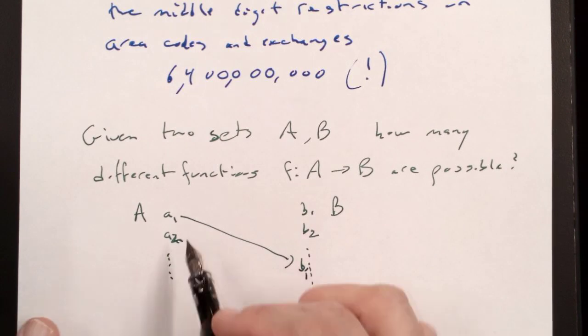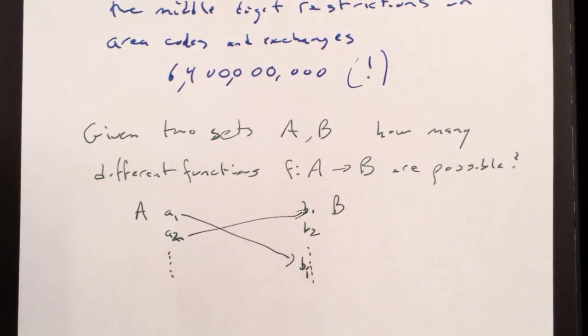I'm going to assign some element to the second thing, right? I could assign the same output more than once if my function is not one-to-one. I could miss an output on the right-hand side, then my function wouldn't be onto. That's fine. But how many choices are there for A1? There's one that I choose, but how many choices are possible?